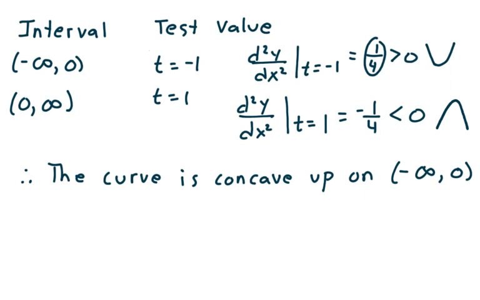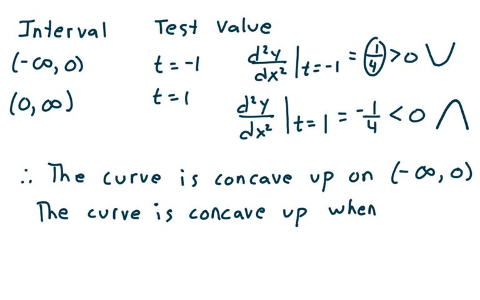So what does that say? The curve is concave up on the interval negative infinity to 0. You can also say the curve is concave up when t is less than 0. So that says the same thing, essentially.